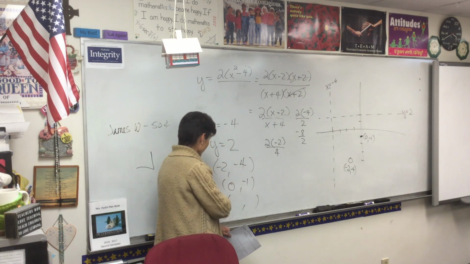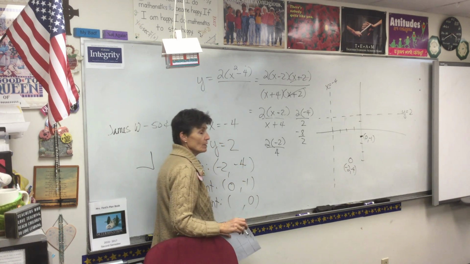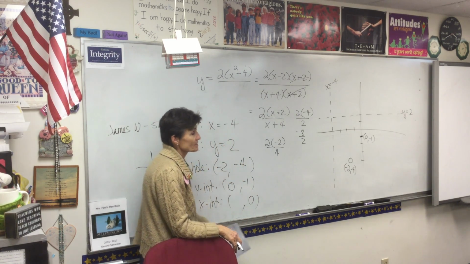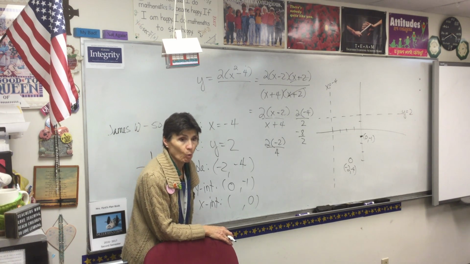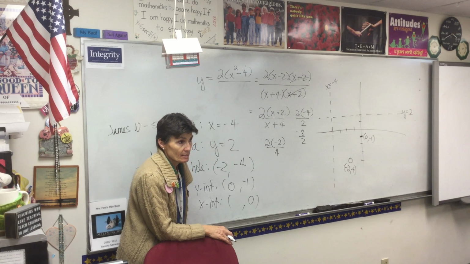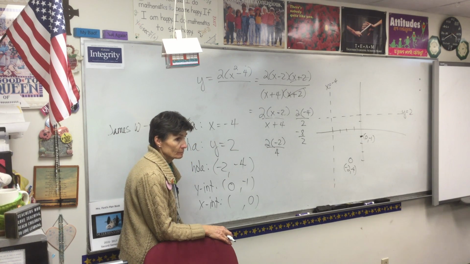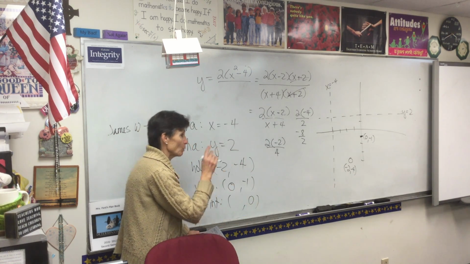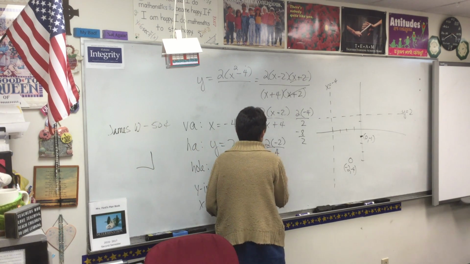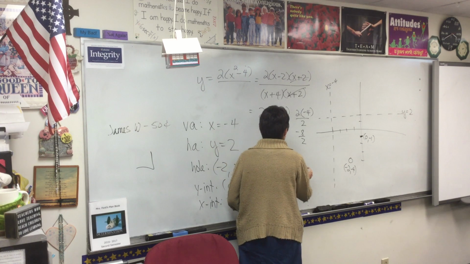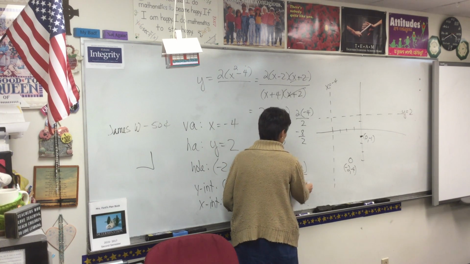Now, for my x-intercept, I let y be 0. Remember, for your intercepts, whichever one you're finding, the other one is 0. So if you're finding the x-intercept, y is 0. So if I come up to my equation, which is right here, this is my equation.